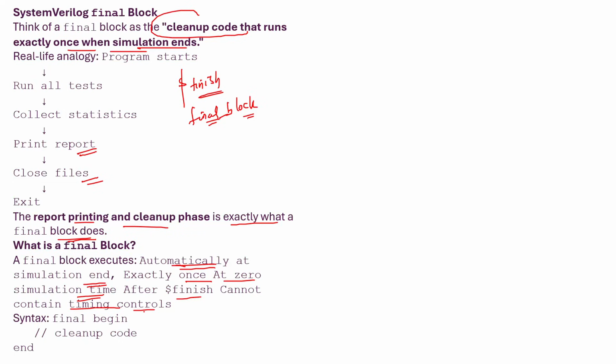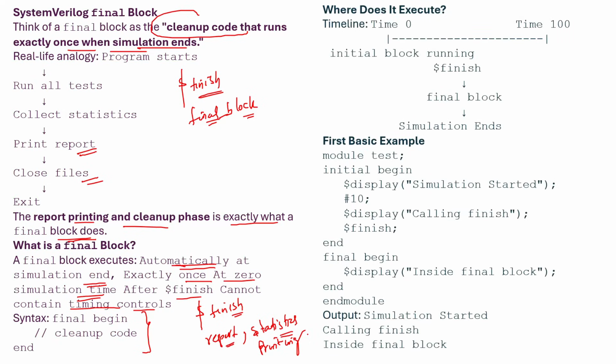It has ended, so I am not printing anything. That's why this final block is called after $finish. Then it will report whatever the statistics are, and any printing messages that are there, it will print. Based on that, we get some report.